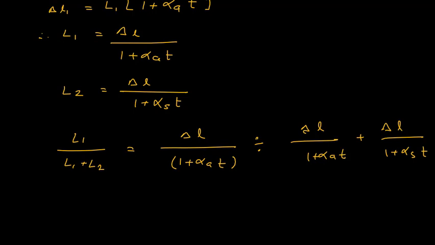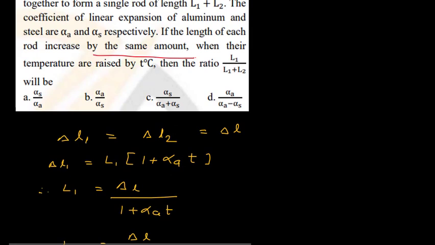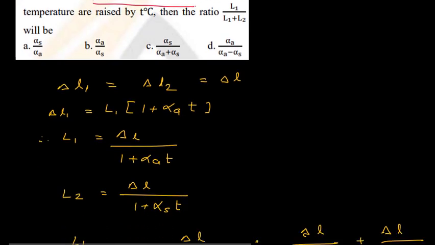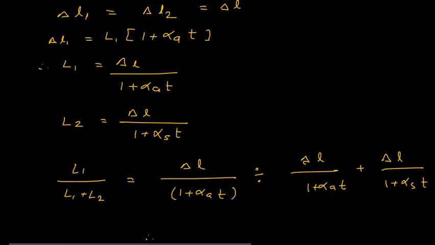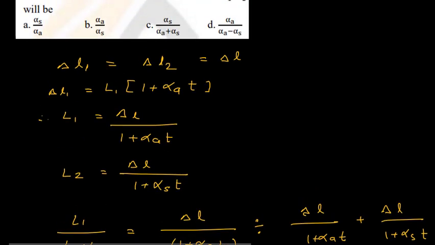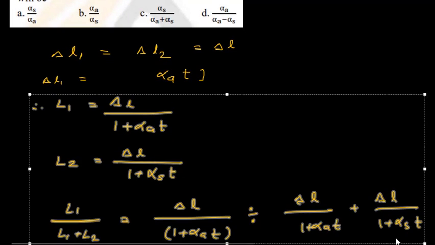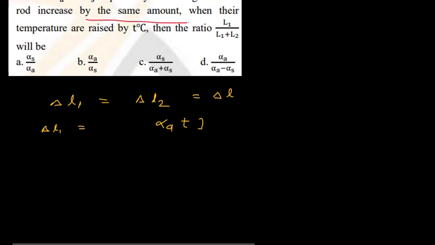Now we can cancel. If we see the options, but here we are using the wrong formula. Delta L1 is something I missed. Let us remove all this.